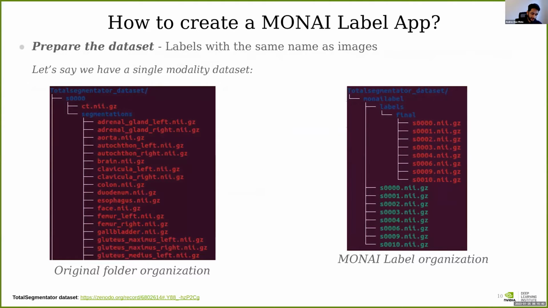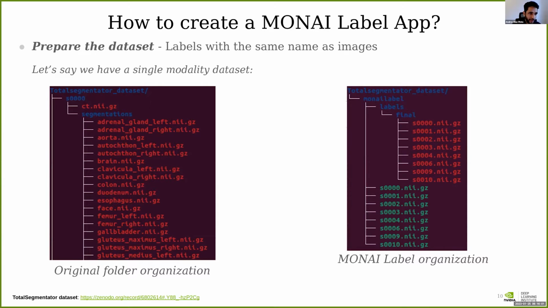The second thing, and probably the most important one, is how you organize the dataset. Let's take this example. I have my dataset, which in this case is a whole body CT segmentation dataset, specifically the TotalSegmentator dataset. And you see, it follows this organization.